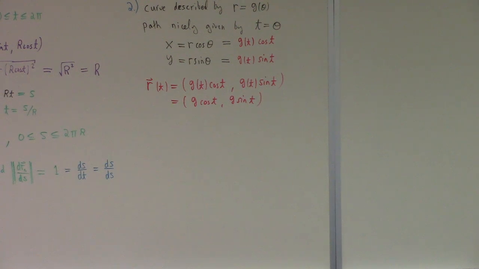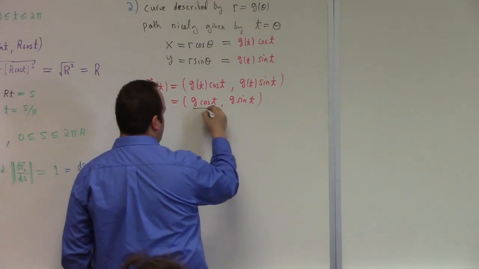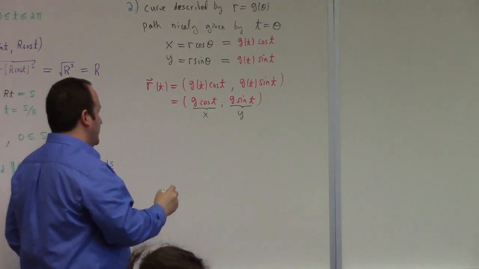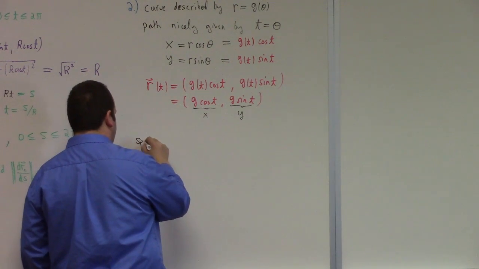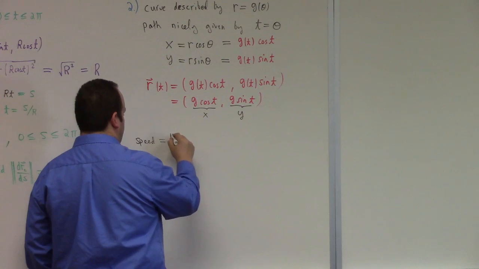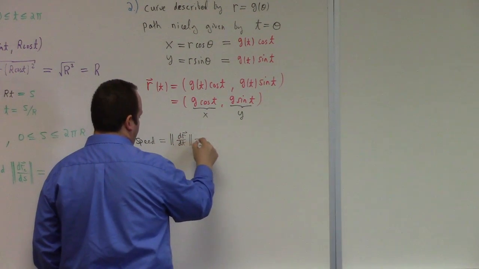So what's the speed then? This is x, this is y. And the speed should be what? The magnitude of dr dt, but that's equal to what?